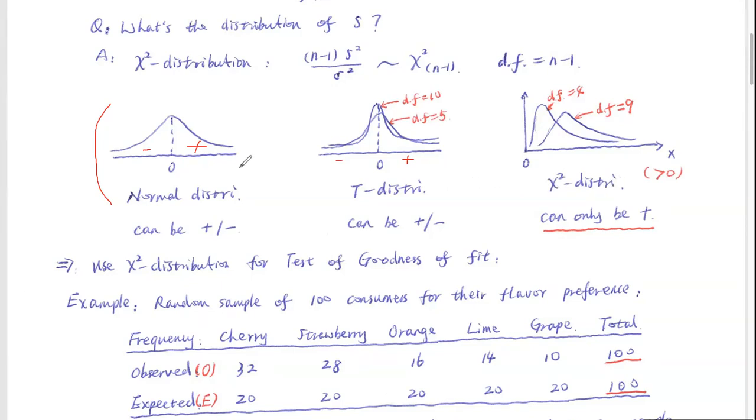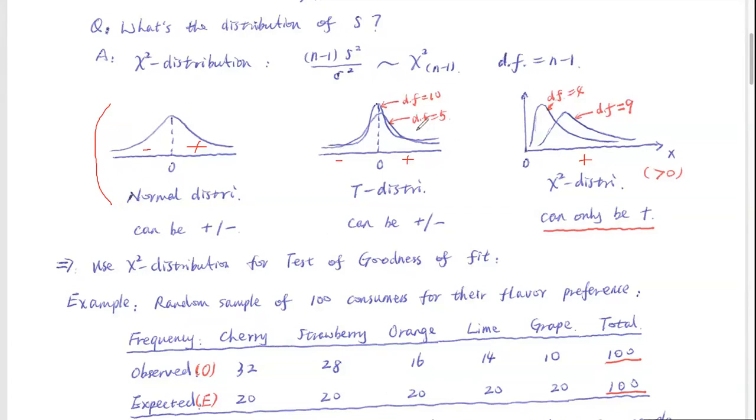Now, if you compare those three graphs, you will see some differences. Number one, you only get positive values. There's no negative here, nothing about negative. Number two, it is bell-shaped, but it's not symmetric like the previous ones, the Z curve or the T curve.